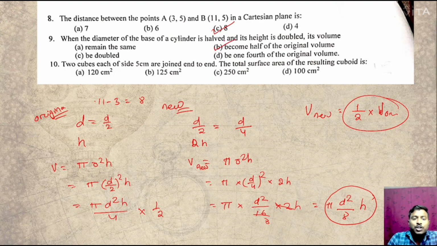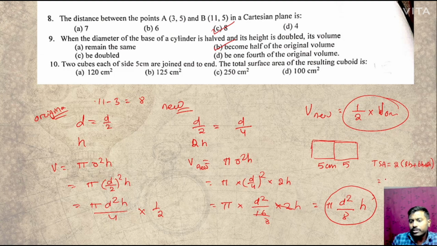Next question. 2 cubes, each side 5 centimeter. Okay, this is 1 cube and the side is 5 centimeter. Join to end means is also 5 centimeter. Then the total surface area. The total surface area formula means it becomes a cuboid. Yes or no? Cuboid formula means 2 into LB plus BH plus LH.